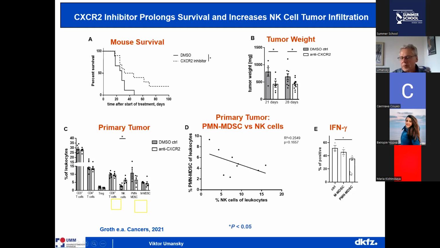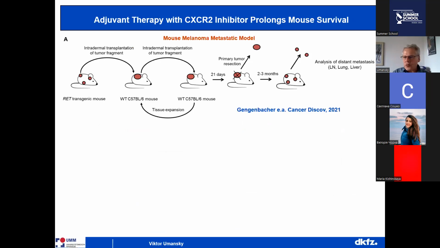So PMN MDSC are really important for the downregulation of NK activity. We still don't know exactly why PMN MDSC work and not monocytic MDSC, but we are trying to figure out what the difference is with regard to NK cells, and why PMN MDSC are so important.